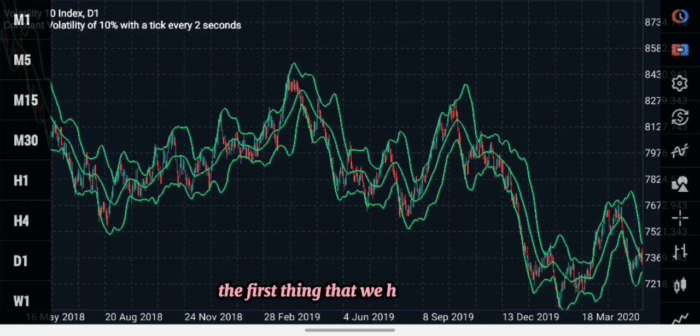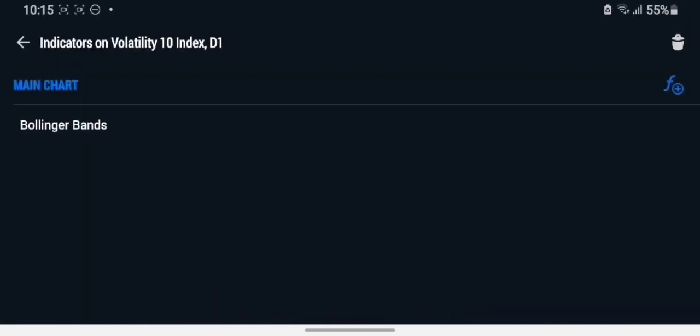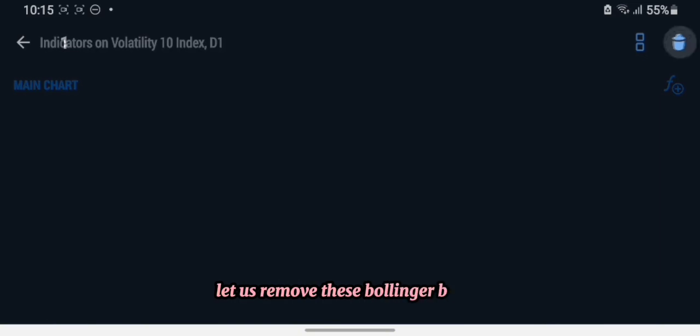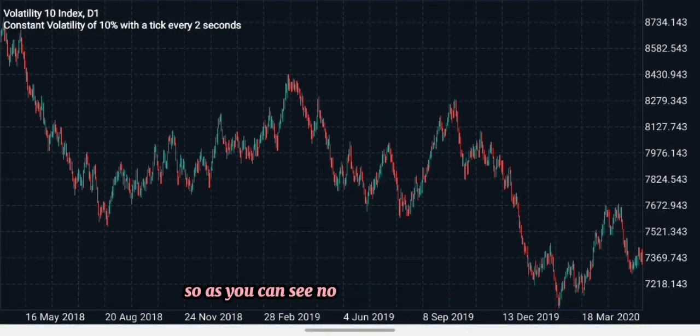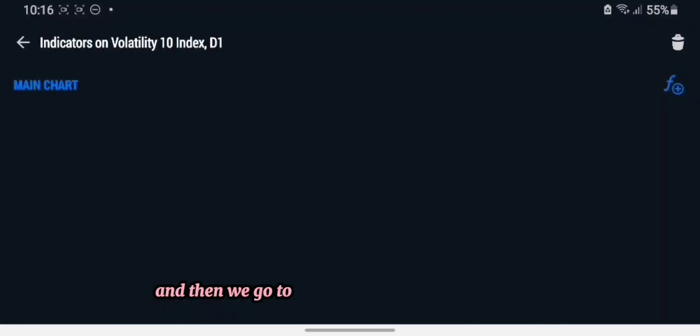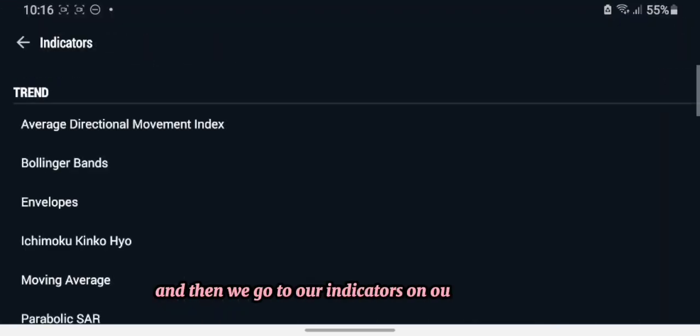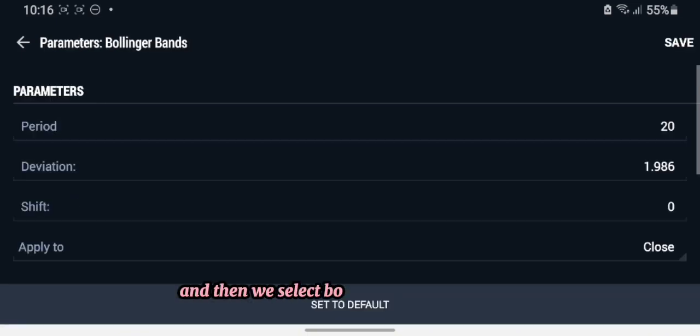The first thing that we have to do is remove these Bollinger Bands and let me show you how to set them up. So as you can see, now we have a clear chart. Then we go to our indicators on our main chart and then we select Bollinger Bands.